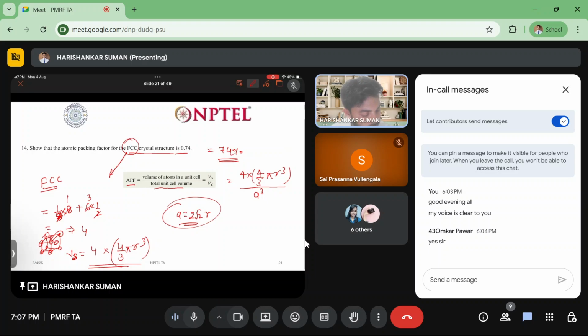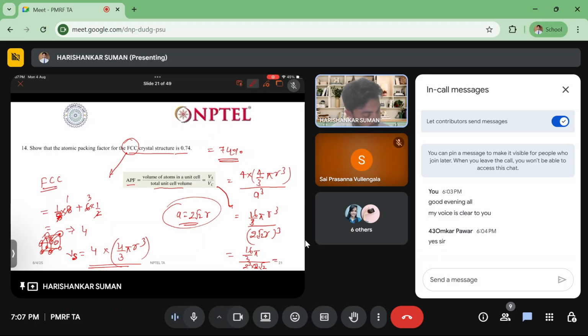Use this relation now. 2 root 2 R cube, R cube goes out and divide by 2 to the power 3, and root 2 also, 2 root 2.